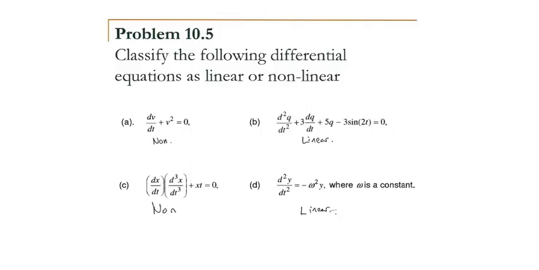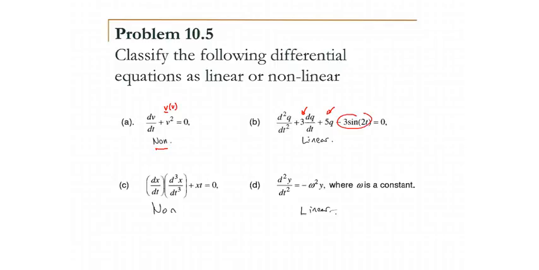So what's linear and nonlinear? Here we've got nonlinear. So what we need to do is imagine splitting up the v. We say what's in front of our v there, it's another v, so it's nonlinear. Here we've got 3 in front of that derivative, a 5 in front of that derivative.